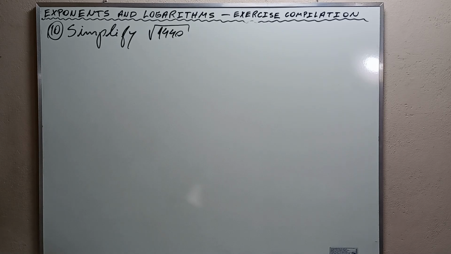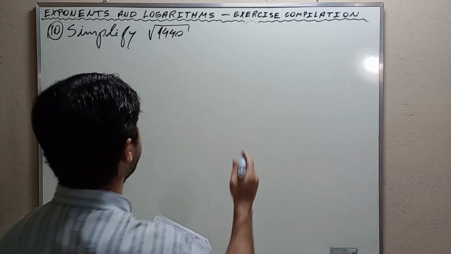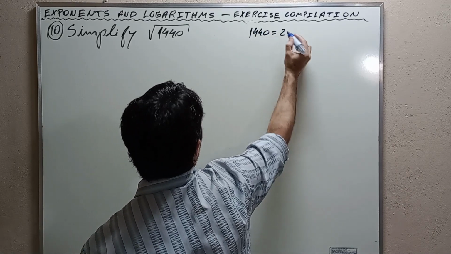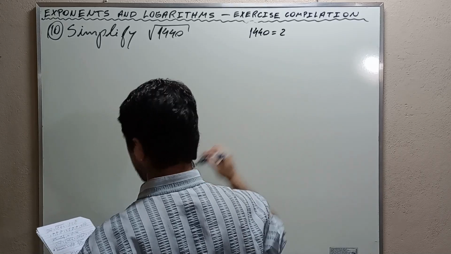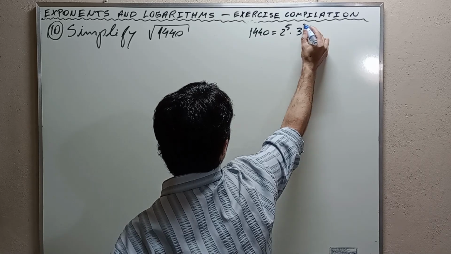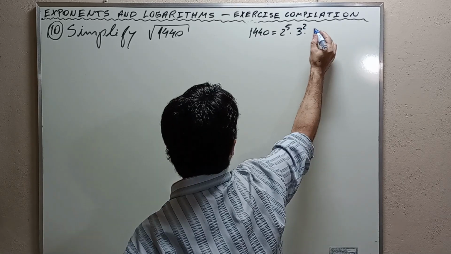Exercise number 10, simplify this, the square root of 1440. What can we do to simplify this? We're going to use the prime factorization of 1440, and it is 2 to the 5th times 3 squared times 5.